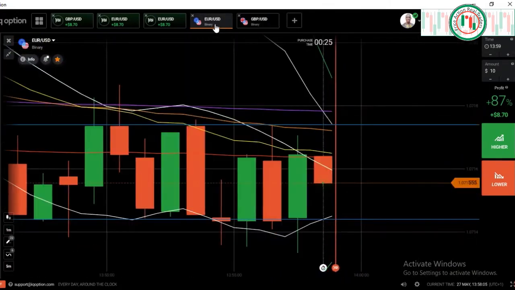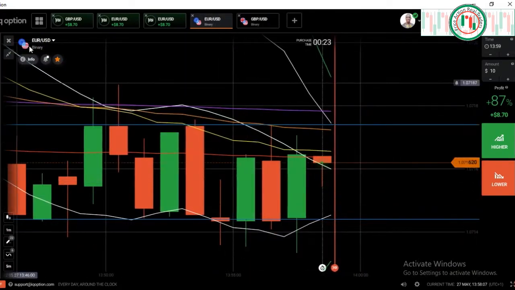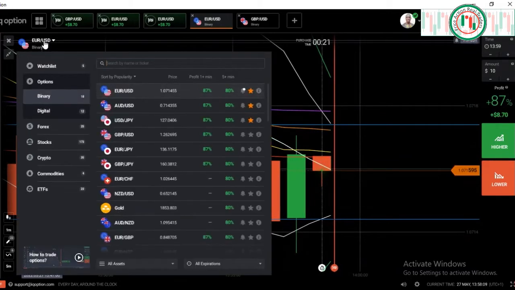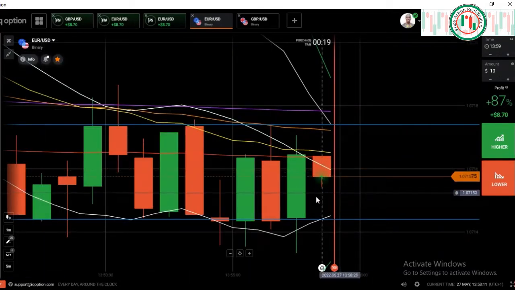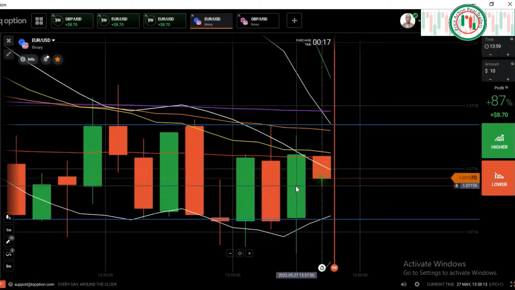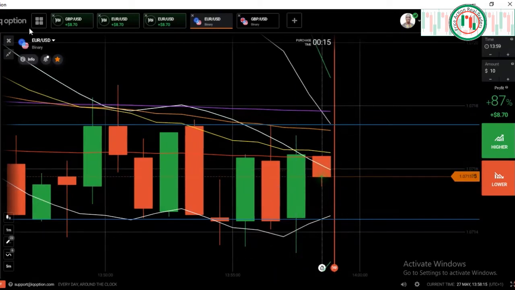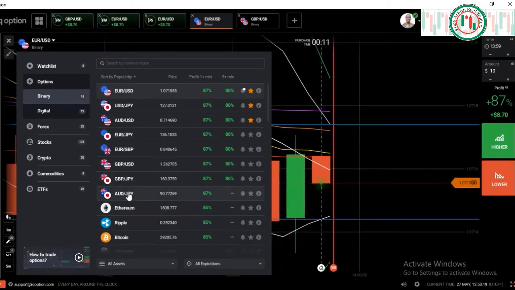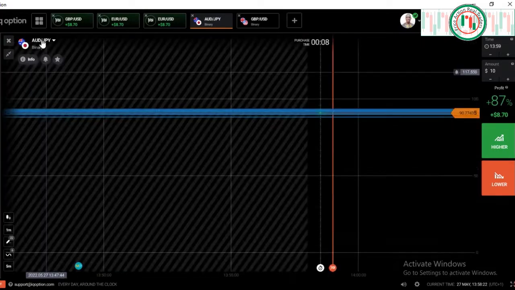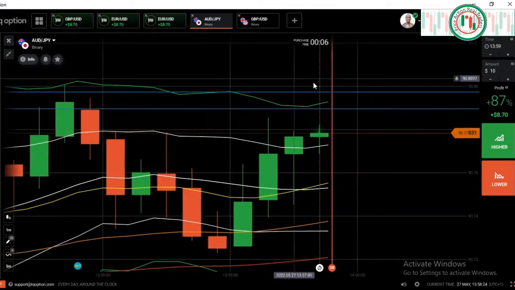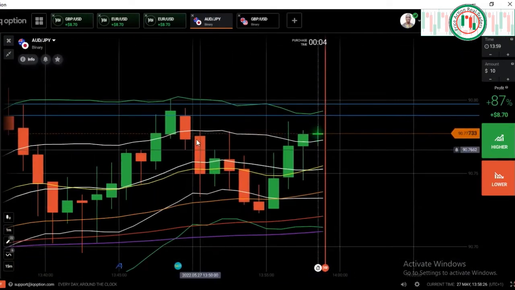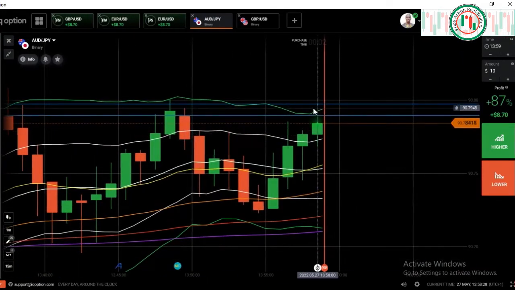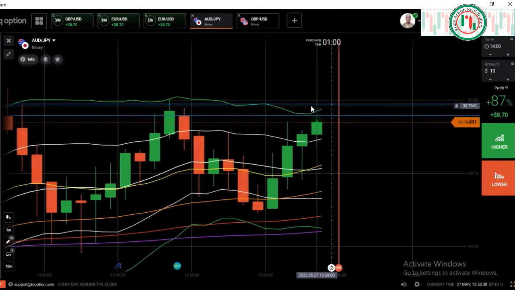I will not take trade here. Let me change. This one is a consolidation area, but maybe let me just leave this one. And you see here, this is the zone I was telling you before. You see the market is reaching this zone.